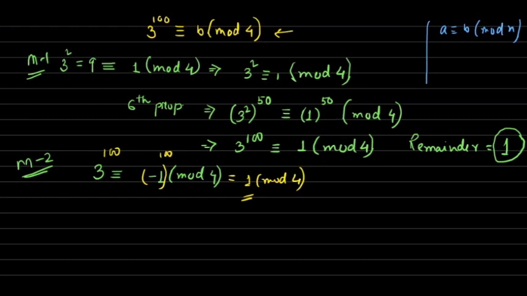So okay, let's take another example. Let's say 47 raised to the power 6 is divided by 7, and find the remainder.